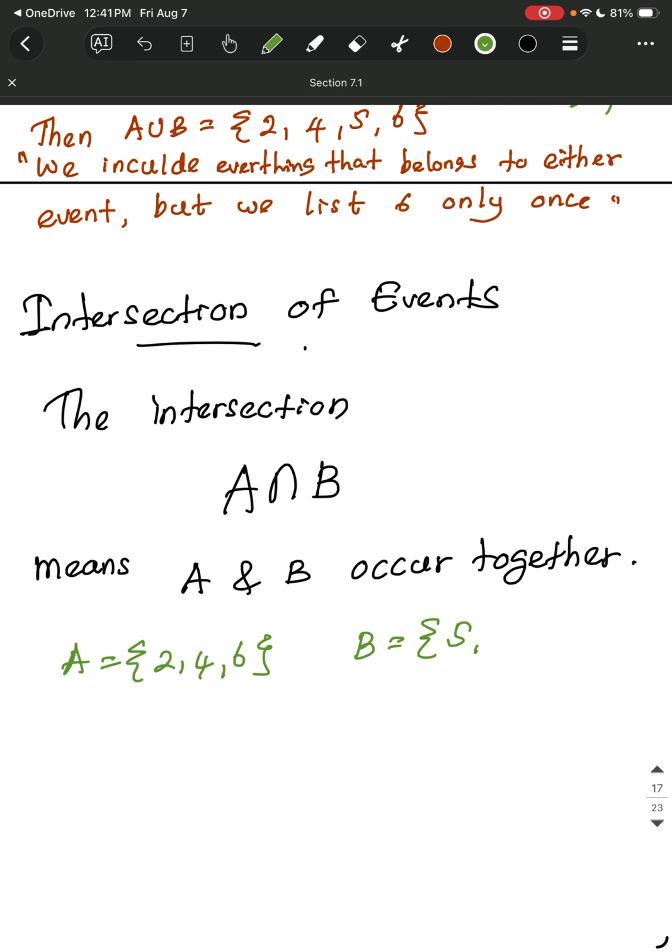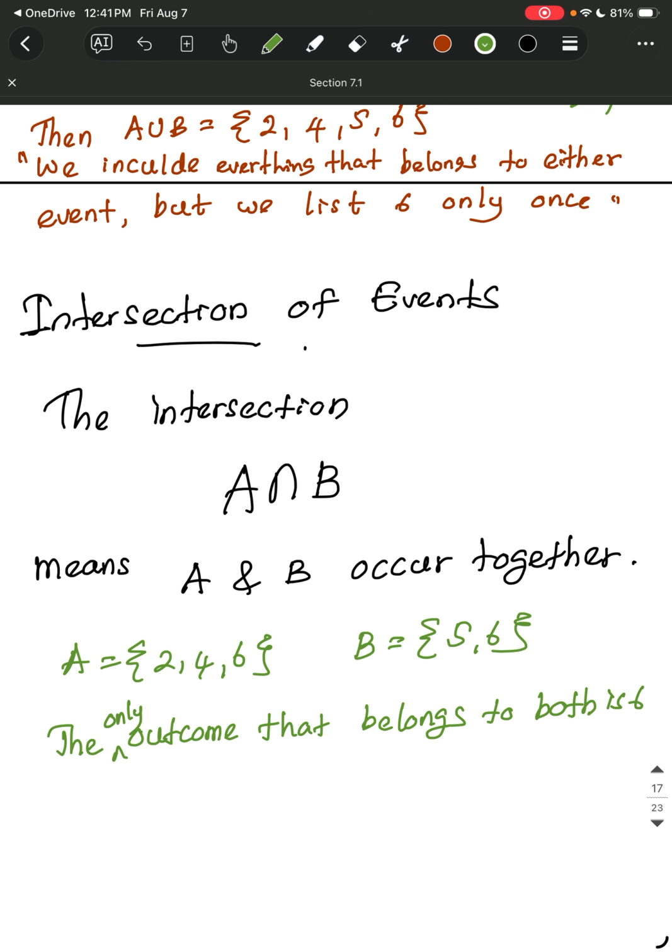The only outcome that belongs to both is 6. Therefore, A intersection B is 6.